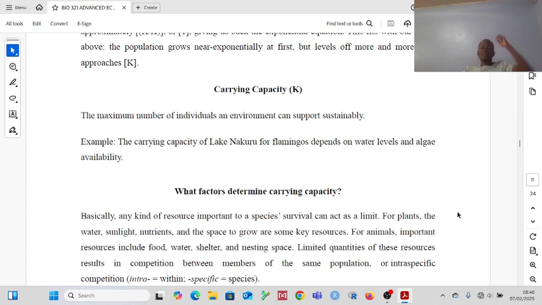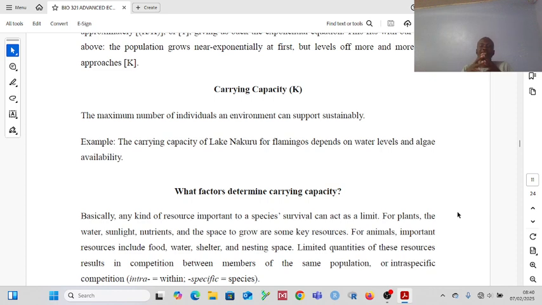Okay, so when you think of carrying capacity, it's the maximum number of organisms or individuals that a particular ecosystem can support sustainably. Okay, but now which factors can determine the carrying capacity of a given ecosystem?